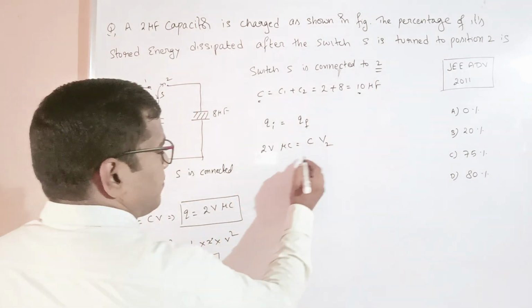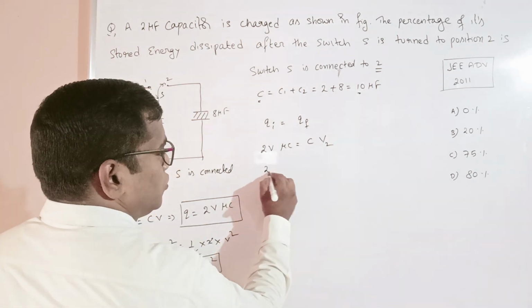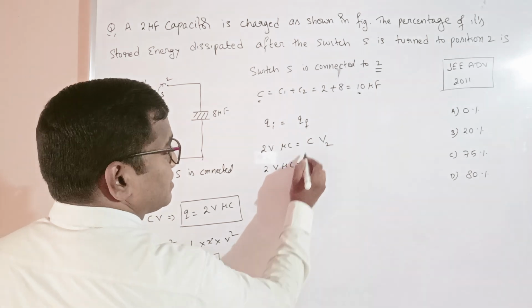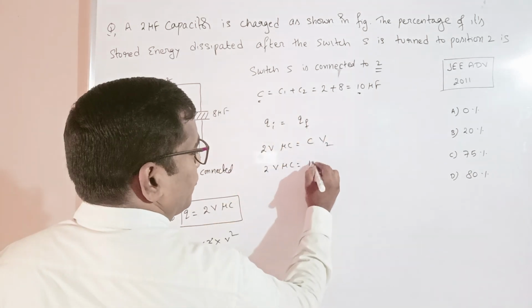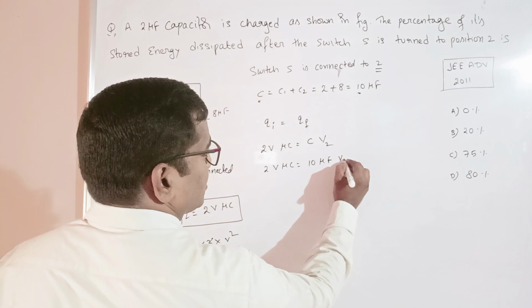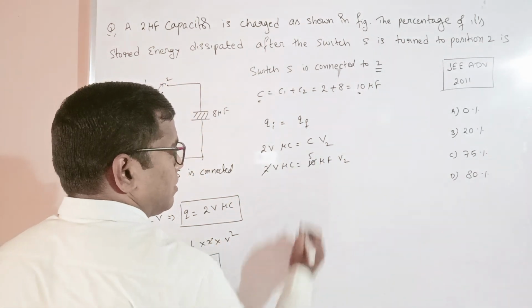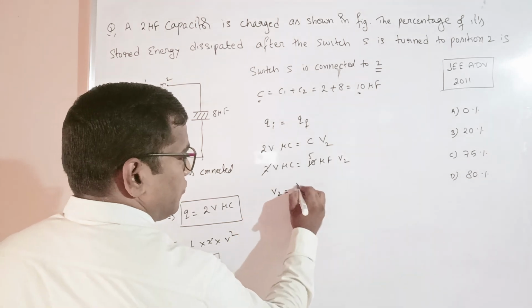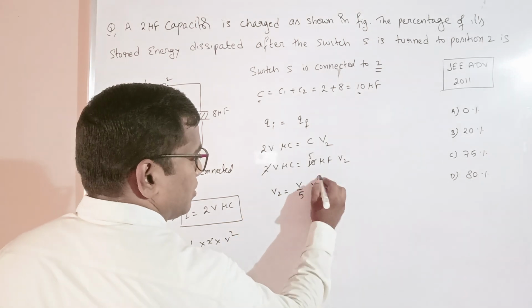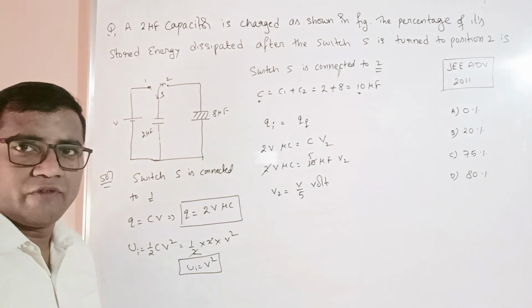So 2V μC can be written as C, which is 10 μF, into the potential V2. So V2 is equal to V by 5 volt.